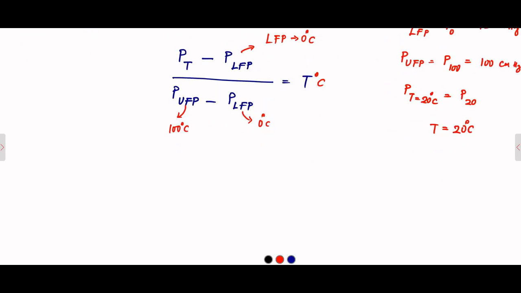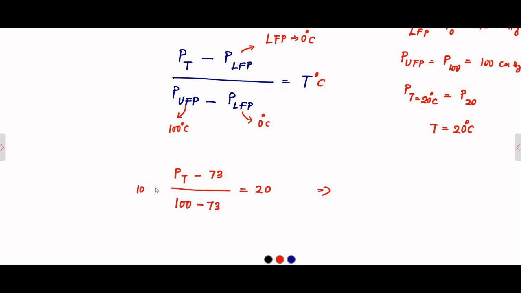So here we simply put the values. PT minus PLFP, which is P0, the pressure at 0 degrees Celsius at the lower fixed point, equal to 73 centimeter mercury, over the pressure at the upper fixed point, 100 centimeter mercury minus 73, and the temperature is 20 degrees Celsius.